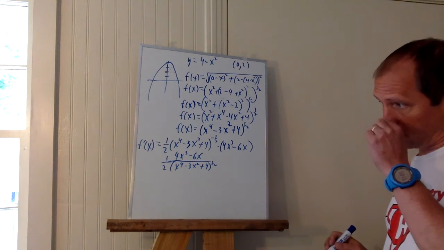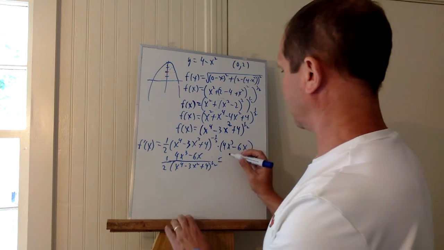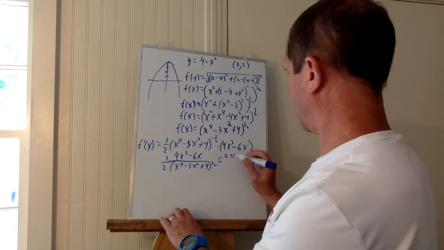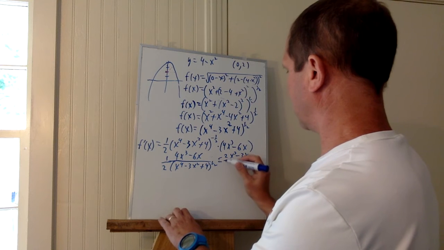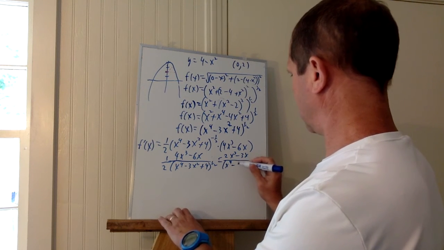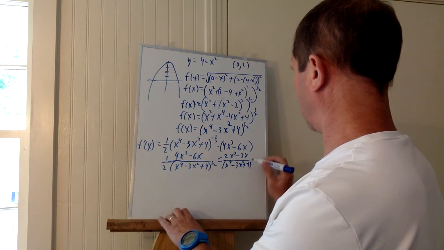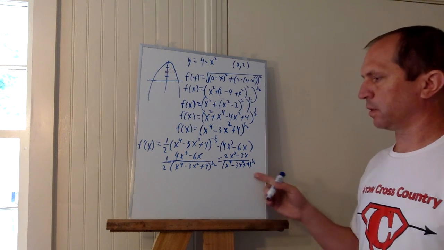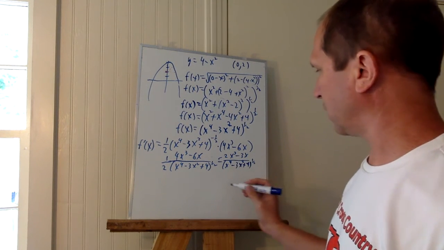Okay, so from here we can factor out a 2. So we get 2x cubed minus 3x all over x to the 4th minus 3x squared plus 4 to the 1/2 power. All right, now we're not going to worry about where the derivative is undefined here. We're just going to focus on the numerator here.